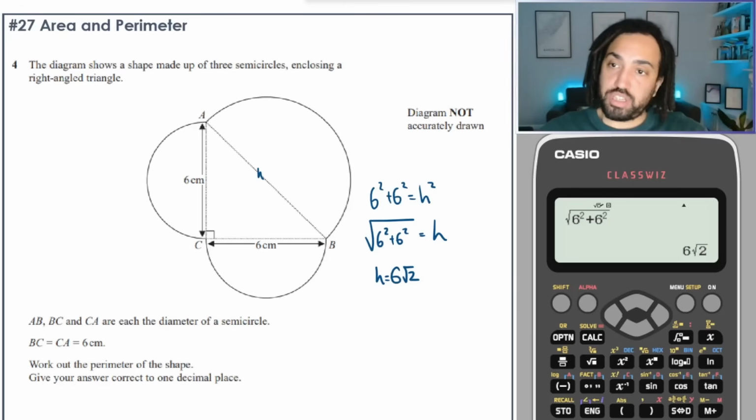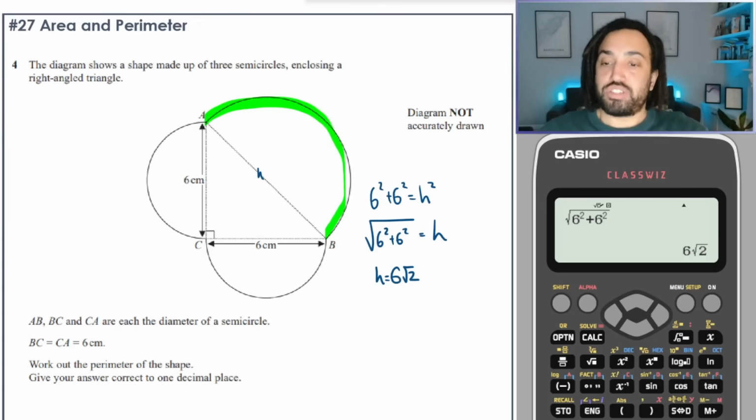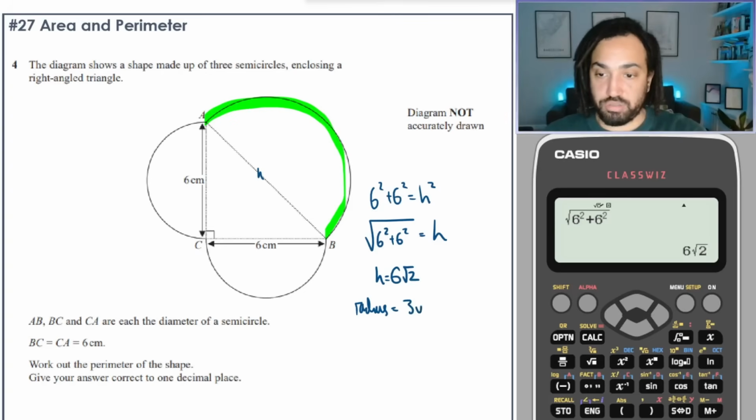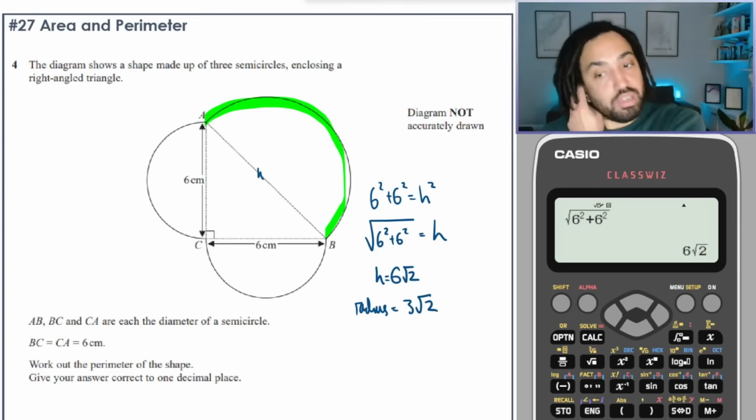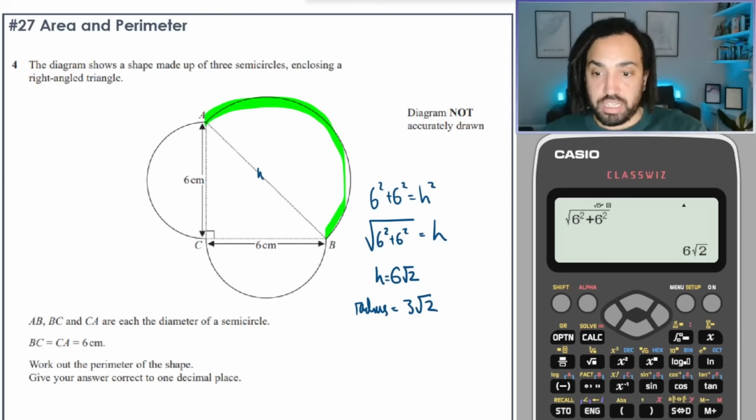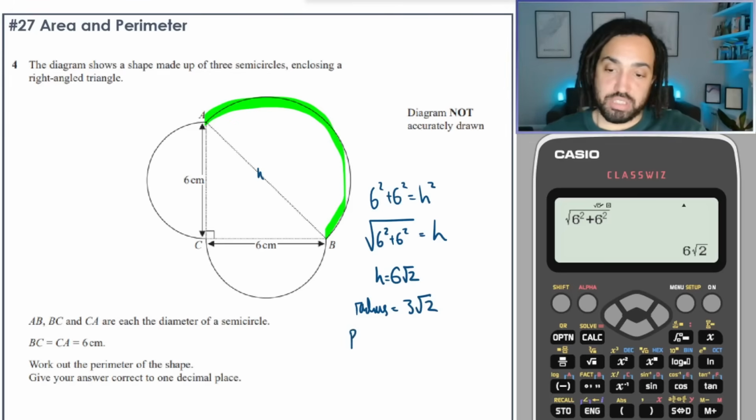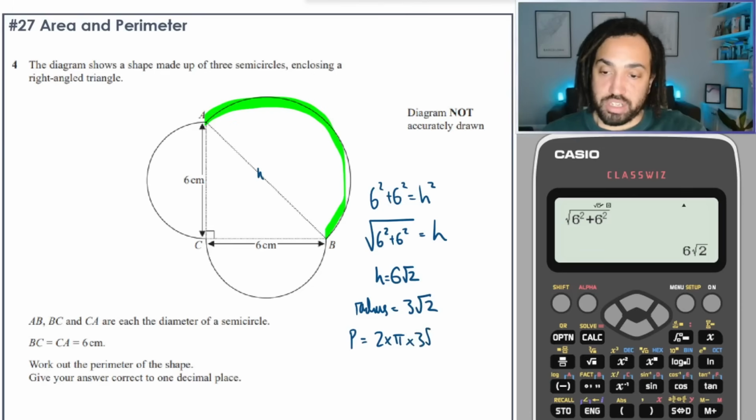Well, let's first off find this semicircle, given that we've just found its diameter. So the radius of that semicircle is going to equal half of 6 root 2, which is 3 root 2. So the perimeter of that semicircle is going to equal 2 times pi times the radius, but then I need to divide that by 2.